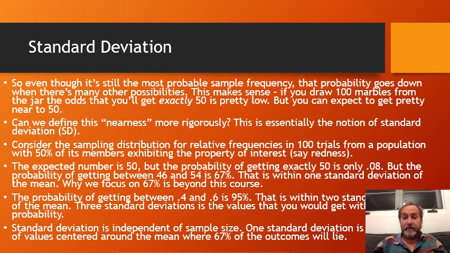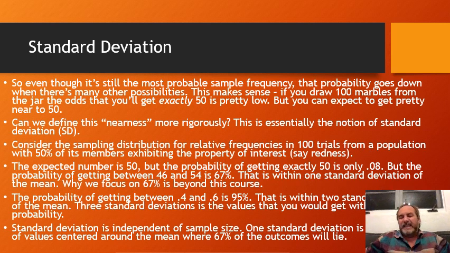That probability is going to go down because there are so many other possibilities. I could also get 49, I could get 25, I could get 23, I could get 22. There are lots of possibilities, so it makes sense that even though it's the most probable, any one outcome is improbable, because you'll get exactly that combination of reds only by a long shot.